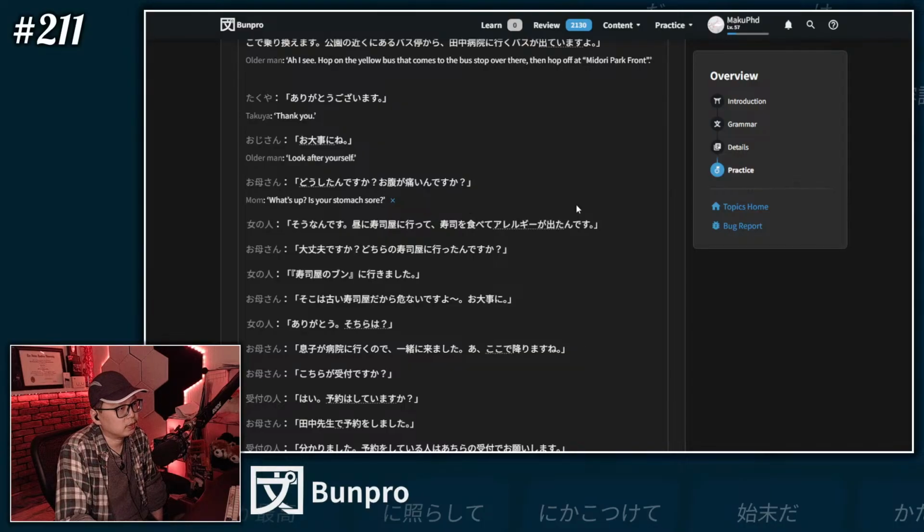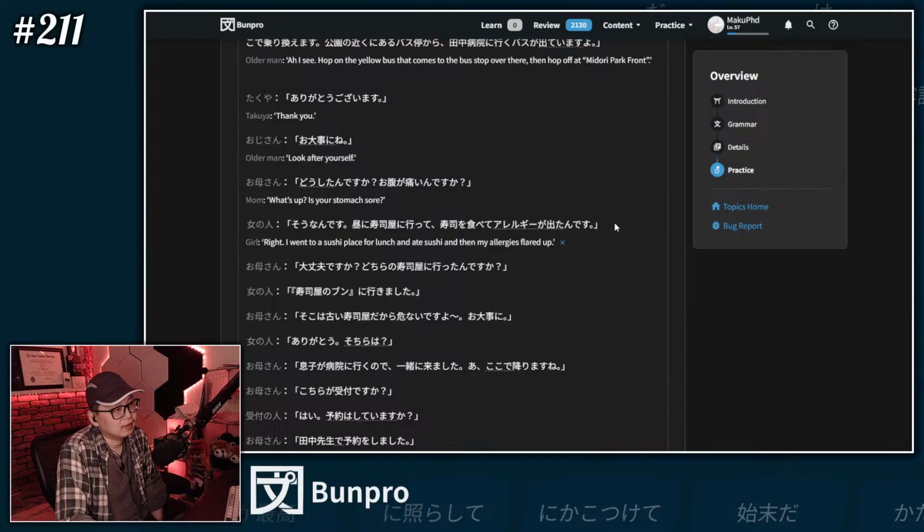She went to a sushi place in the afternoon and ate sushi from... oh, she's allergic. Her allergies flared up. Oh, I didn't even catch the allergy part. Yeah, her allergy flared up from eating sushi.